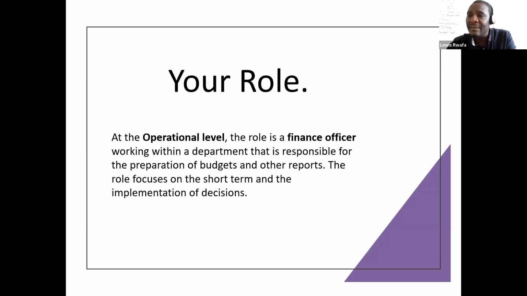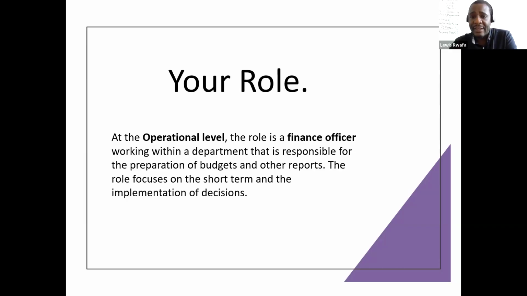And on the strategic level, you are typically a CFO. So that's where you have the long-term focus, long-term decisions, more planning. Here is implementation of what has been planned from the hierarchy. So let's get that right.